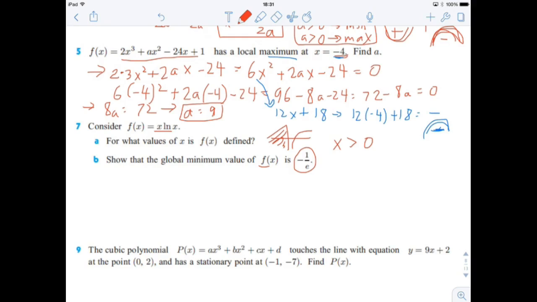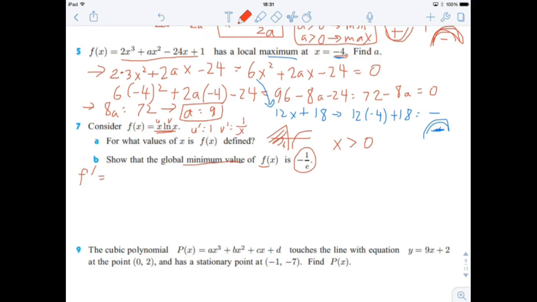Let's see, there's no domain here. I'm not sure what they're asking here. Anyway, we're going to take the derivative as usual, okay? So they want to know the global minimum, so we do need to take the derivative. This looks like the product rule, right? So if u is x and v is log x, then u dashed is equal to 1 and v dashed is equal to 1 over x.